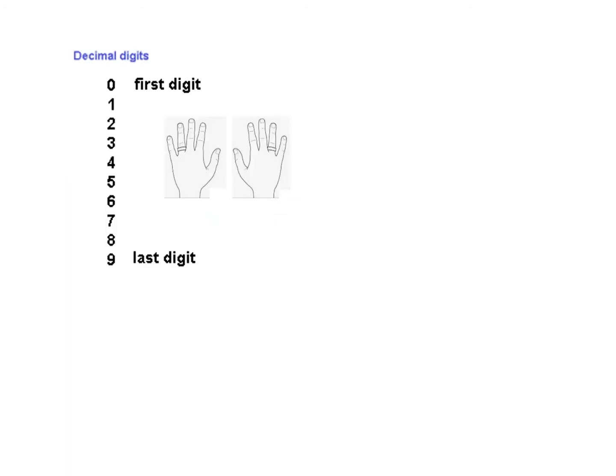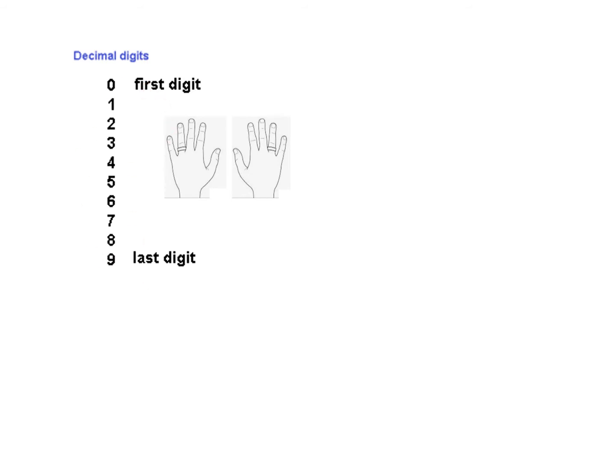Now, as we know, the decimal number system starts from 0 and goes up to 9, and it is thought to be based on the fact that human beings have 10 fingers, so these are the 10 numbers. If we call the first digit 0, then 9 will be the last digit of the decimal numbers.